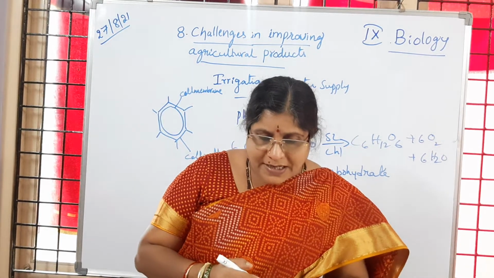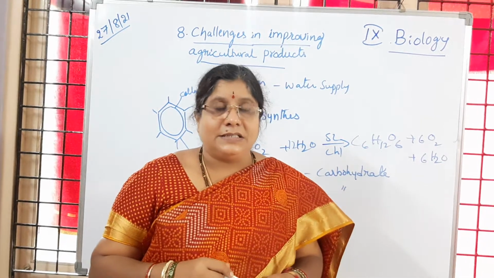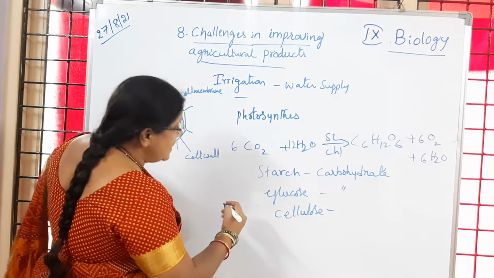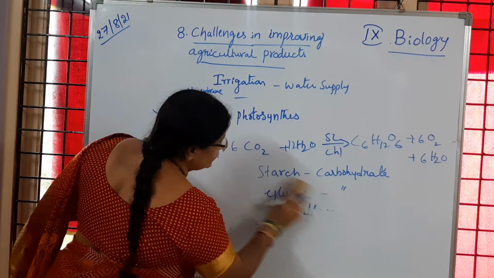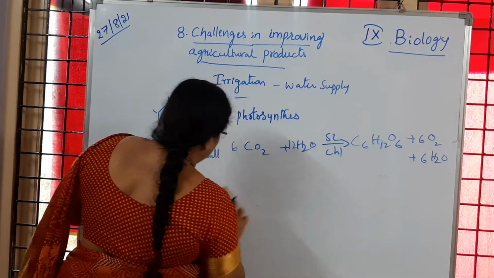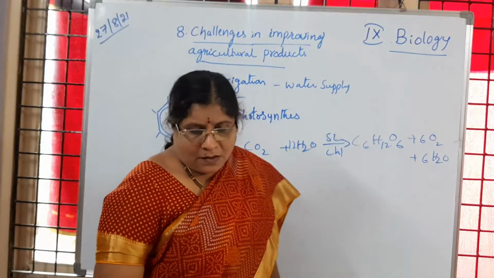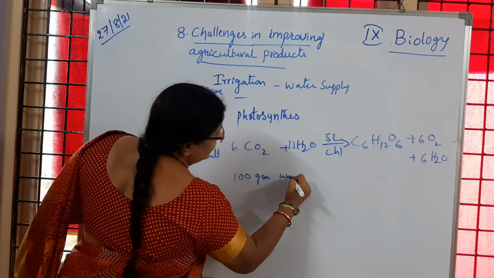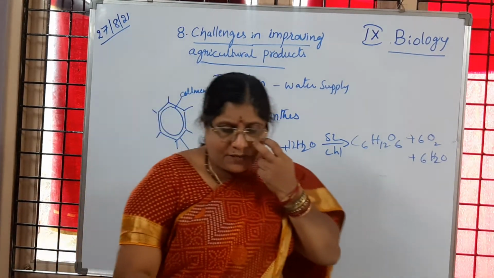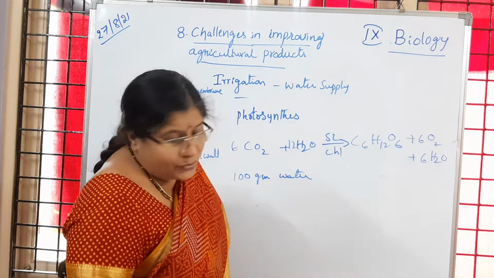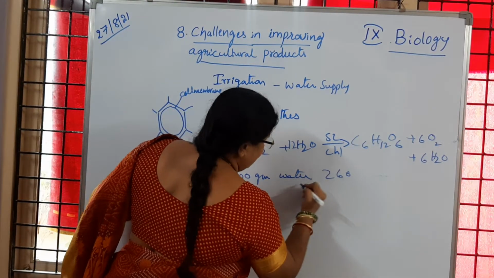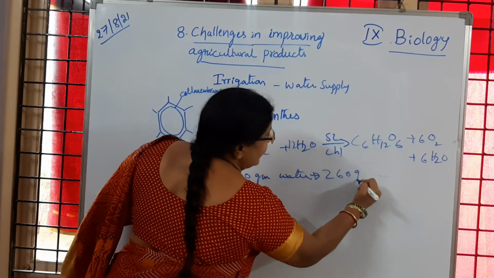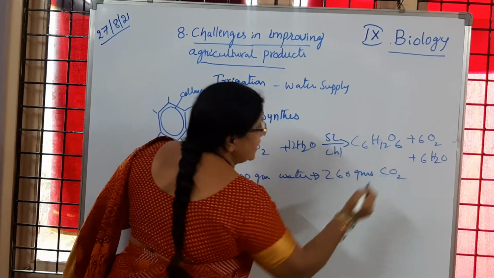Then coming to the next point, the chemical analysis. What is this chemical analysis going to make you understand? 100 grams of water reacts with 260 grams of carbon dioxide.